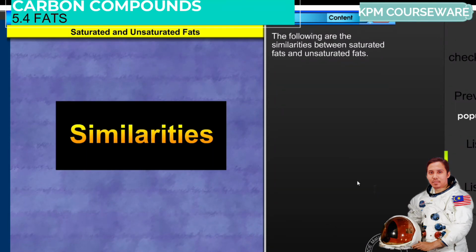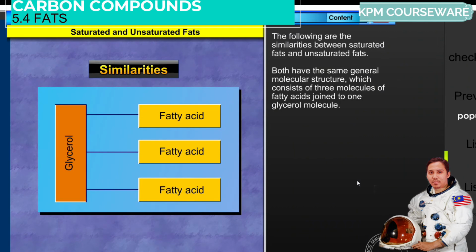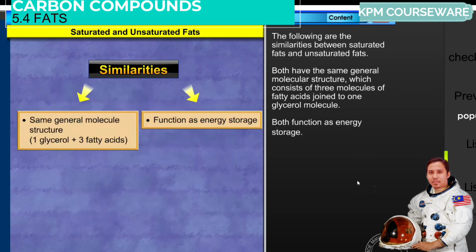The following are the similarities between saturated fats and unsaturated fats. Both have the same general molecular structure, which consists of 3 molecules of fatty acids joined to one glycerol molecule. Both function as energy storage.